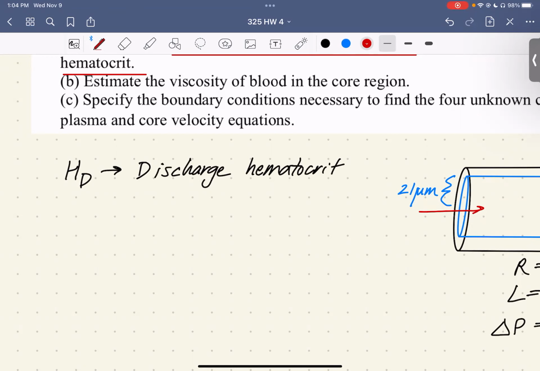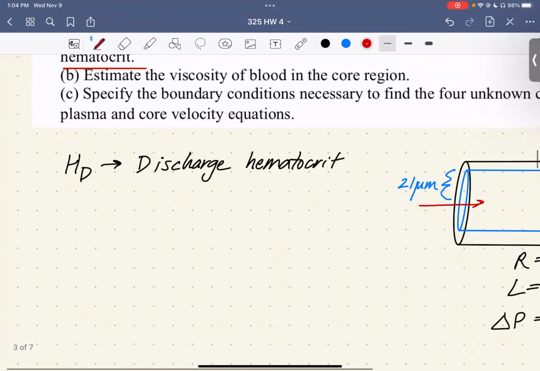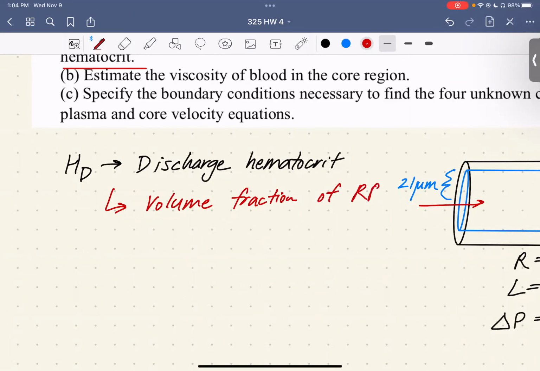So right over here, it's the volume fraction of red blood cells in blood delivered by flow.